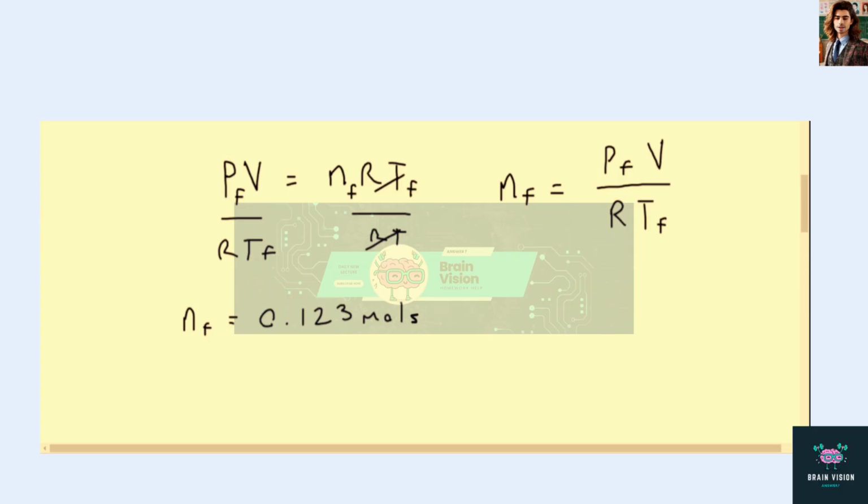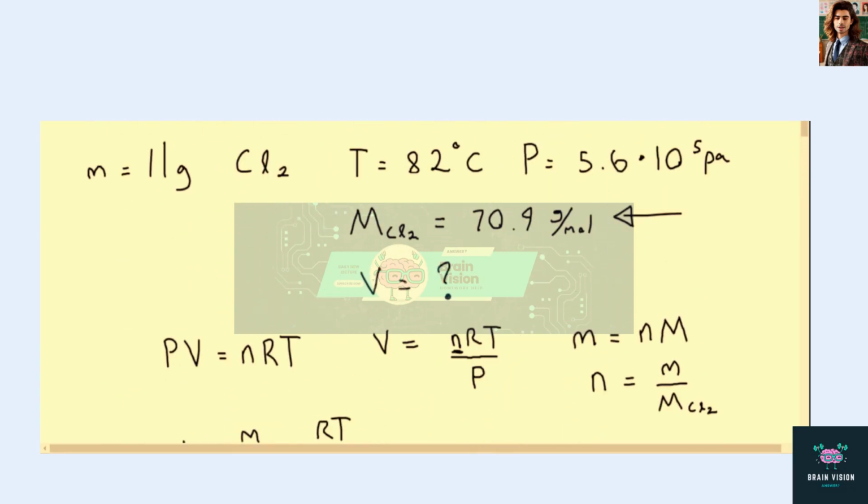So we want to determine how much gas leaked out in terms of a mass, so in grams. So what we're going to want to do here is first convert this amount to grams, and then subtract it from our original mass up here, 11 grams, in order to figure out how many grams leaked out of the tank.